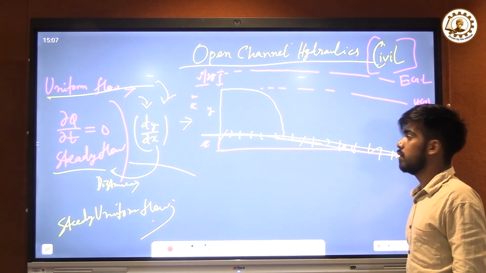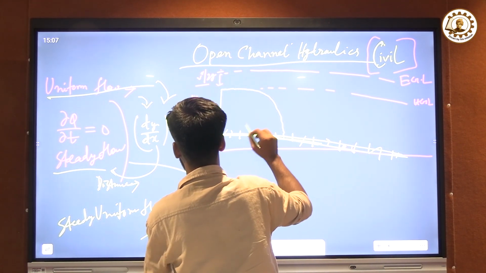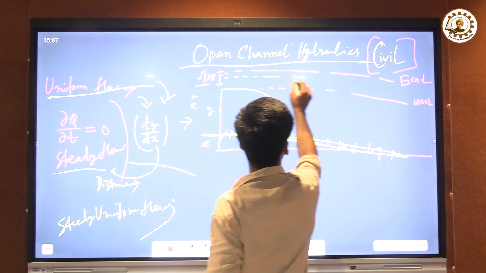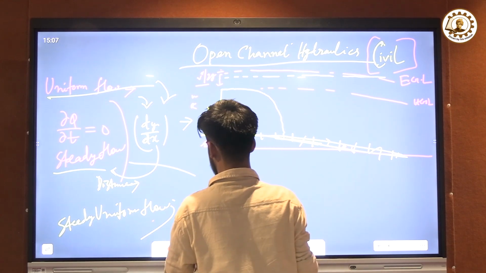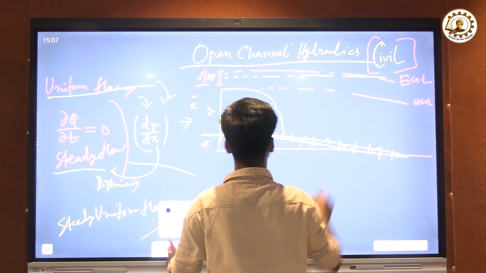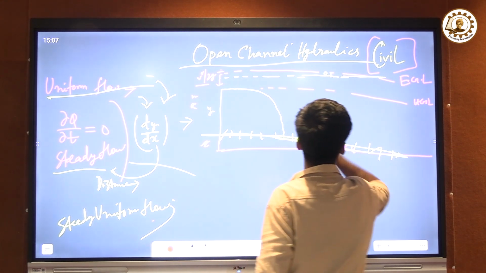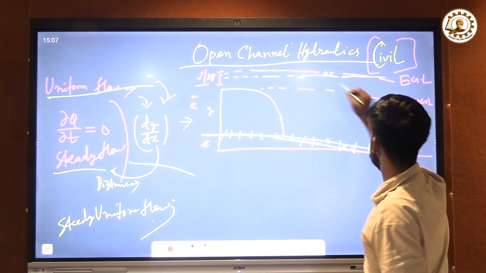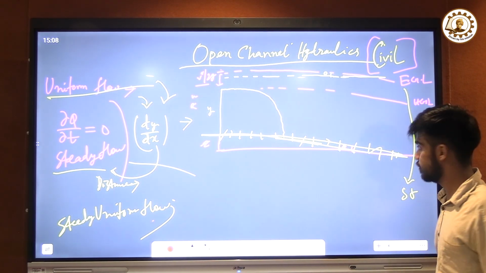Now, this slope, the tangent, is equal to SF, called the friction slope.